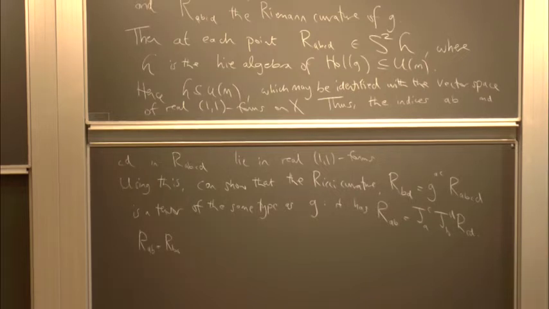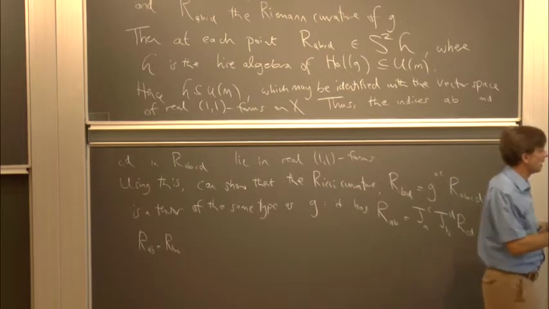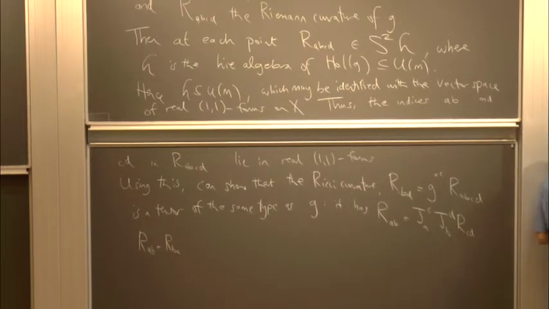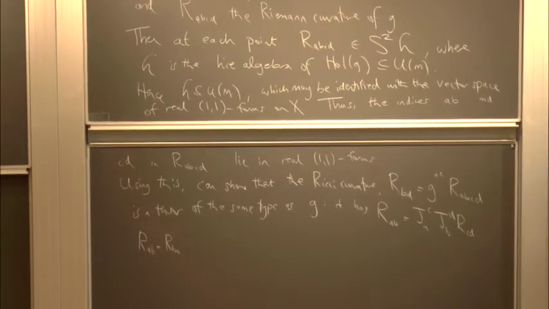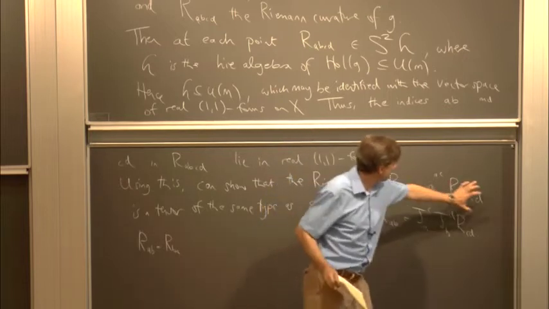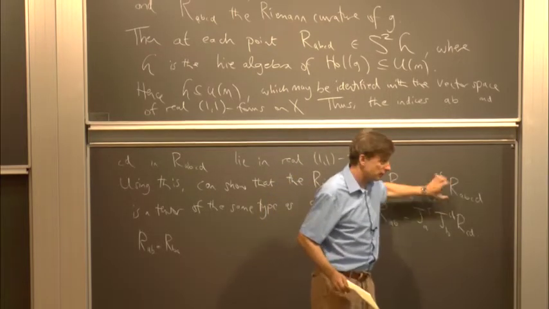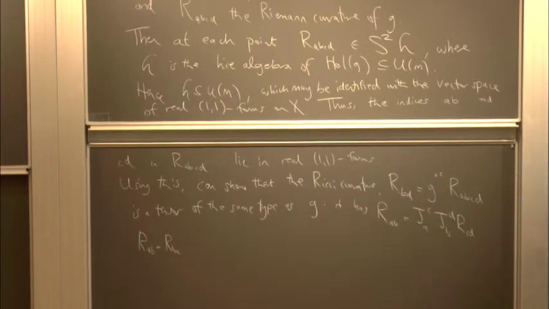Okay, well, so the Kähler form is closed. It turns out that the Ricci form is also closed because the second Bianchi identity tells you something about the derivative of the Riemann curvature, and this now implies something about the derivative of the Ricci form.